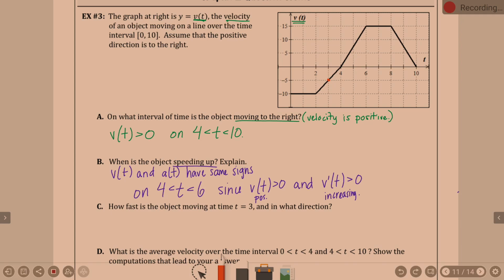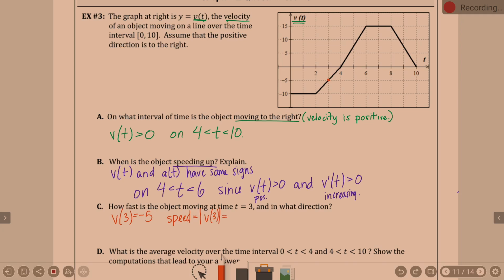Because what we're seeing there is we can see that the velocity at 3 is -5, yes? But when we talk how fast, what are we talking about? We're talking about speed. And what is speed? Speed is the absolute value of velocity.